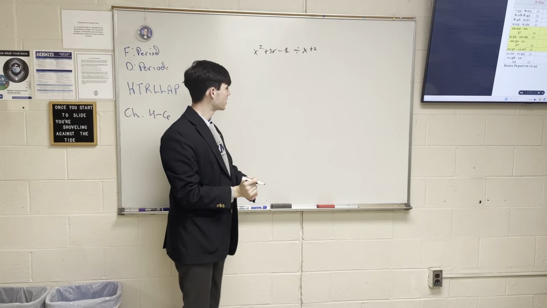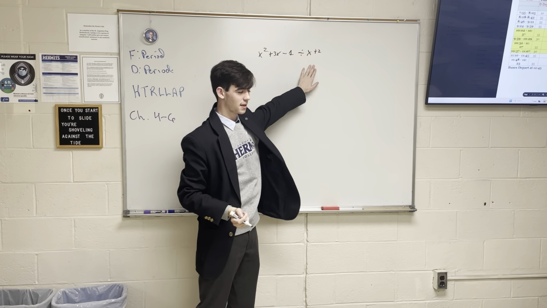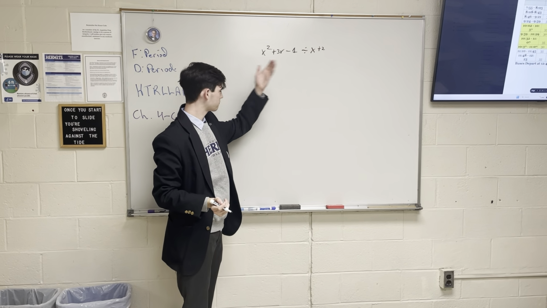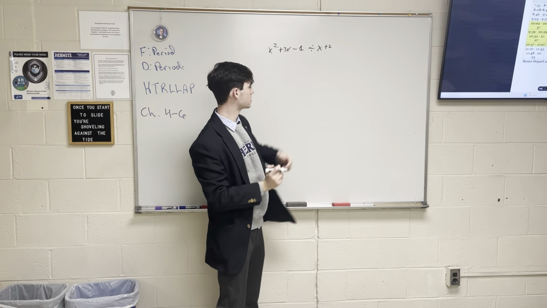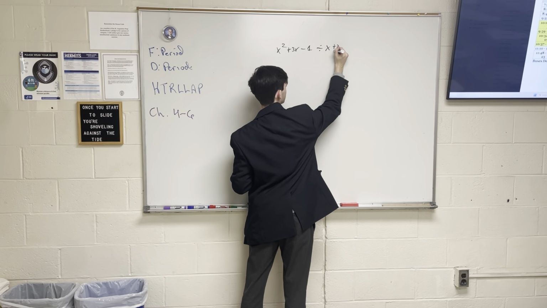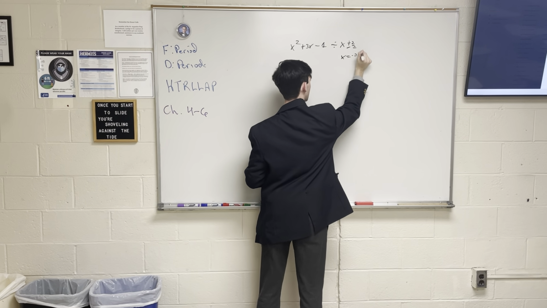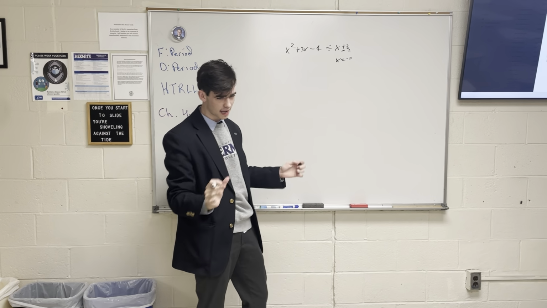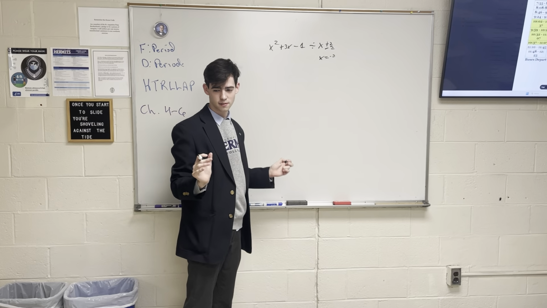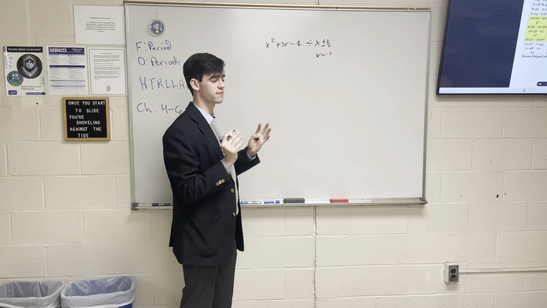Since x plus 2 equals zero, you can just subtract the 2, so x equals negative 2. And since we know what x equals, we can solve this faster.